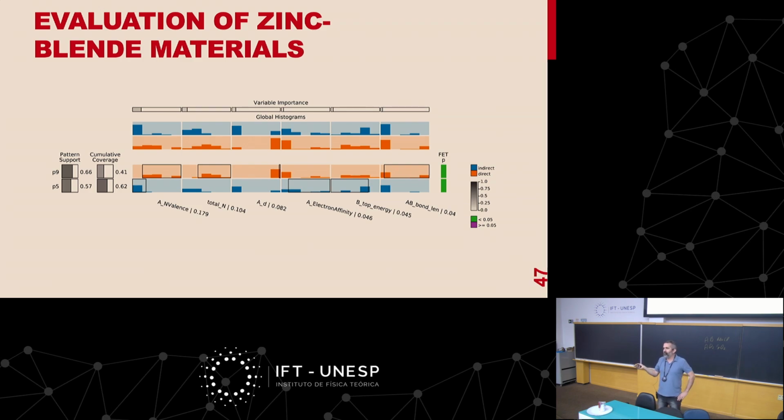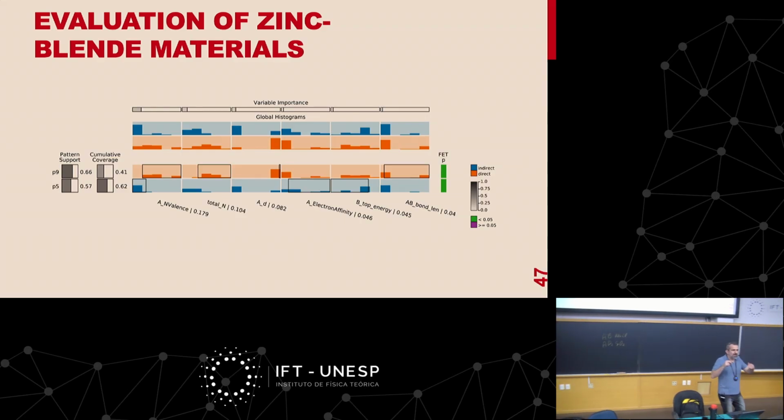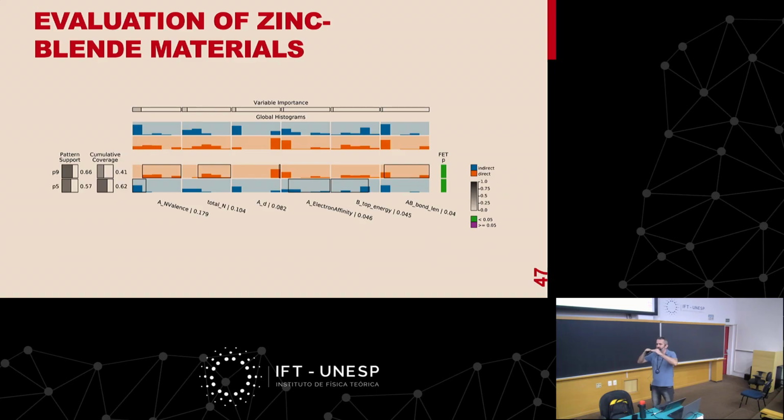So if you have d electrons, the material will have direct band gap, okay? So basically, when you look at the band structure, depending on the symmetry, the crystal field splitting of these d orbitals, these d orbitals can interact with the conduction band of the material, making the band gap direct. So the conclusion here was that if a material has d electrons, there is a large tendency for it to be direct.